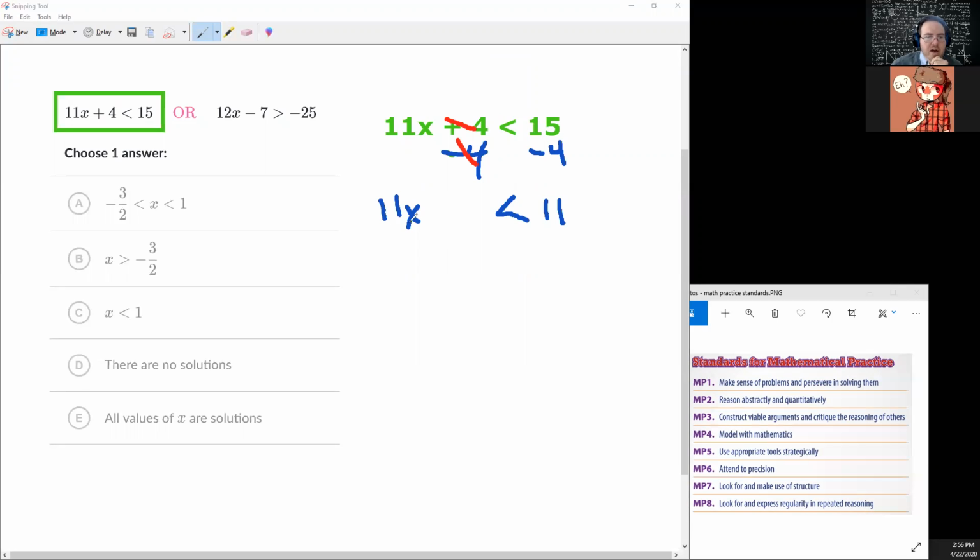And then I would divide both sides by 11 and end up with x is less than 1, because anything divided by itself is 1, so 1x. So really what this one is saying is that x is less than 1. Okay, cool. So we've just proven that much.